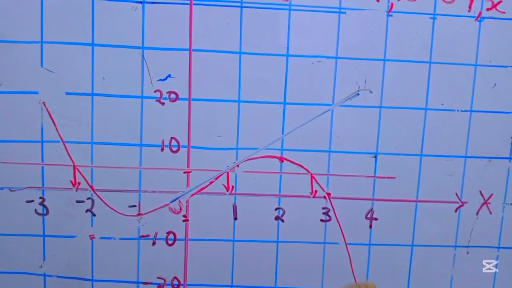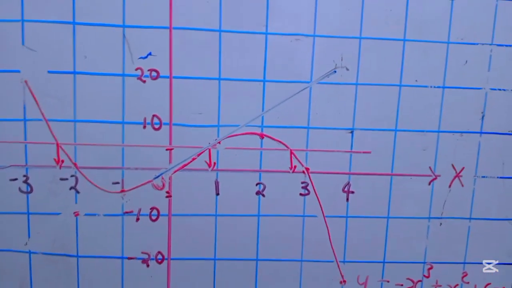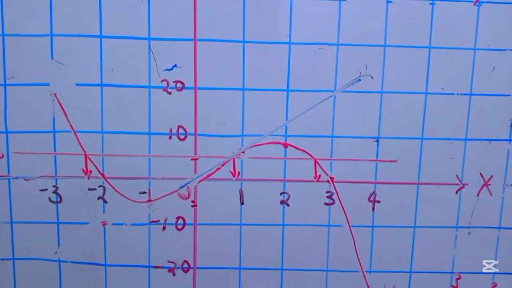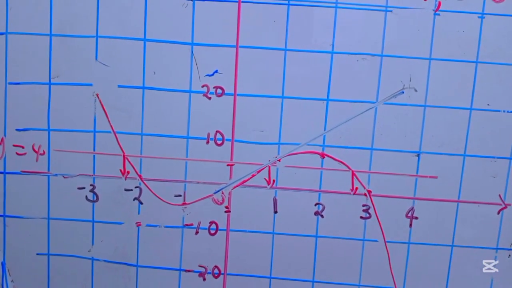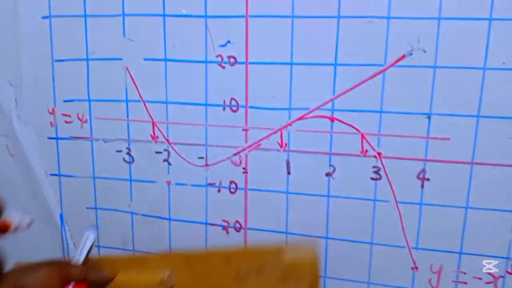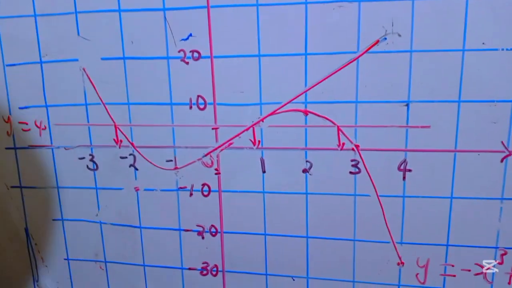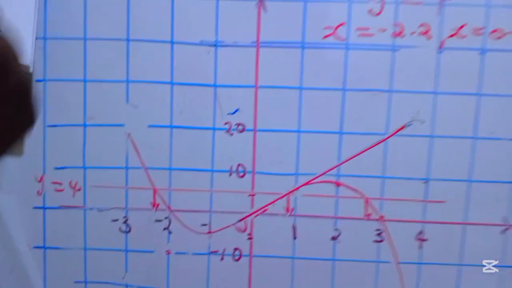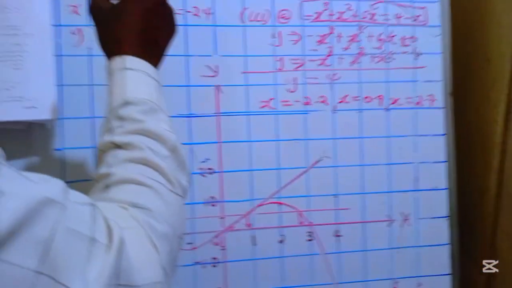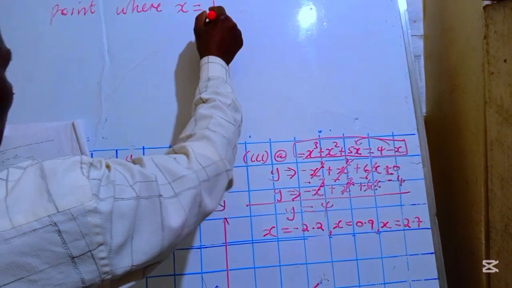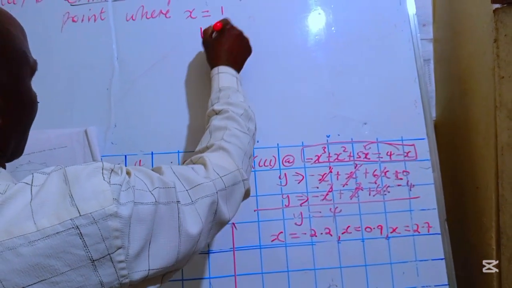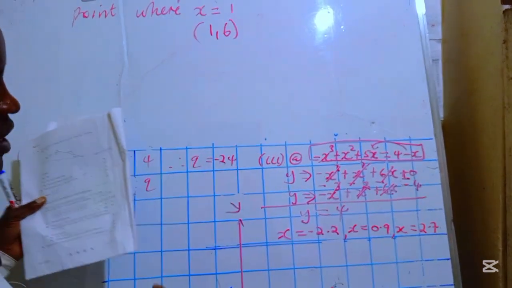You draw a tangent. This tangent, mind you, passes through the first point. Even on the question paper, I'm sure they have given you the first point. You draw a tangent like that. Now you agree with me that with that table which we have, when x is equal to 1, automatically on the graph, it was 1,6. On that table which we started with.